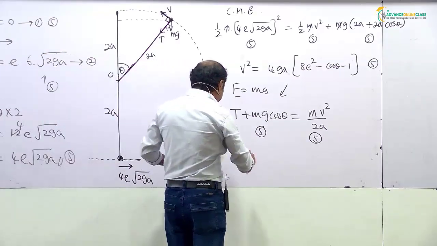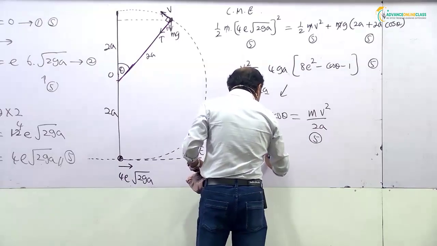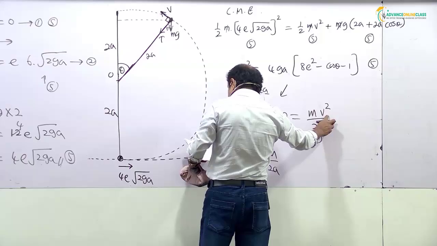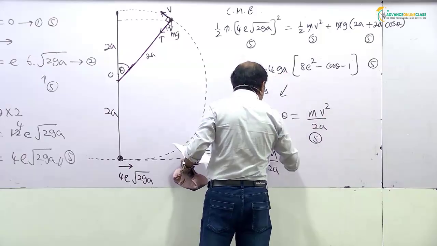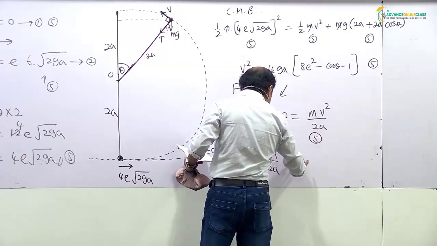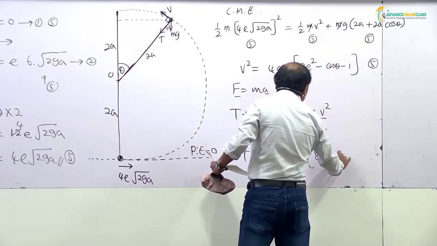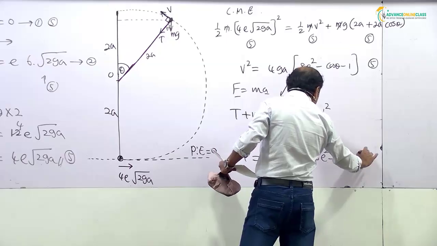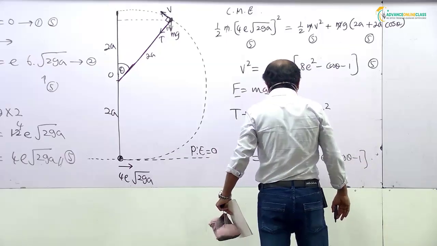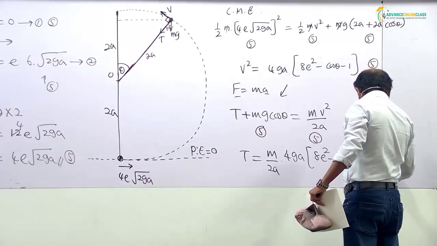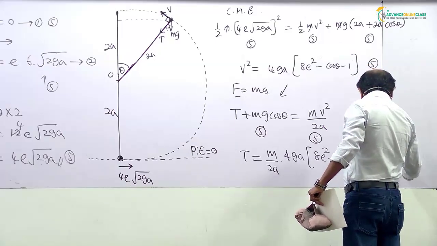Then subject T: m over 2a, substitute for this V squared, 2 GA times (8e squared minus cos theta minus 1), and bring this mg cos theta to the right hand side, minus mg cos theta.